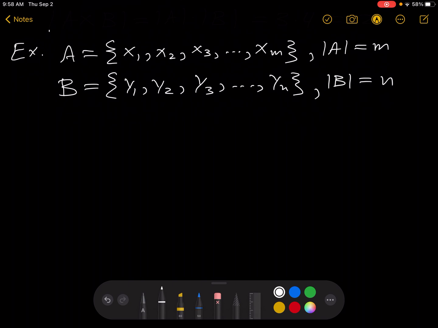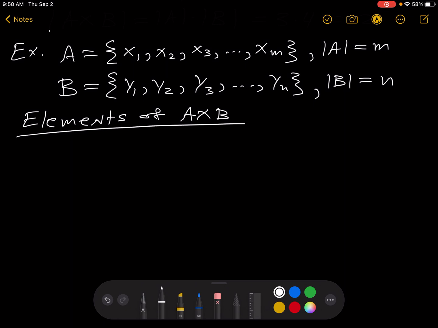All right, so now let's write out the elements of A cross B. Well, let's see, how would we do this? We would say x1 goes with y1. Then x1 goes with y2. Then x1 goes with y3.